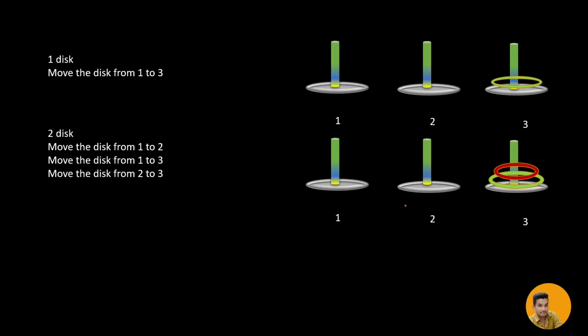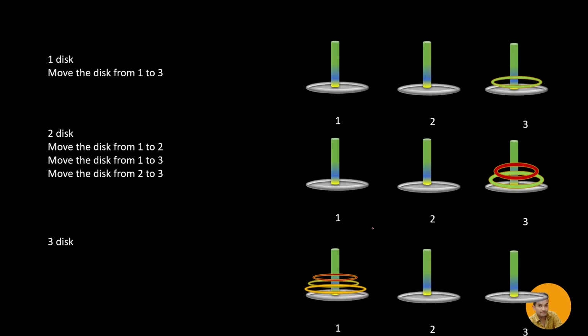Let's look at another one, when we have 3 disks. How can we take these 3 disks and move them here? Listen carefully. I will say that I am going to move 2 disks from 1 to 2. But wait a second, you can't take 2 disks at a time. I am not taking 2 disks at a time.